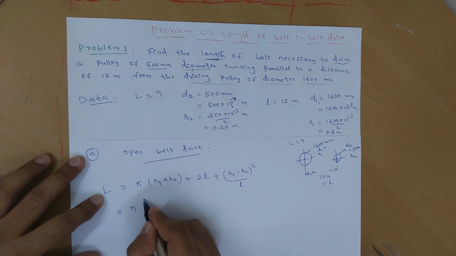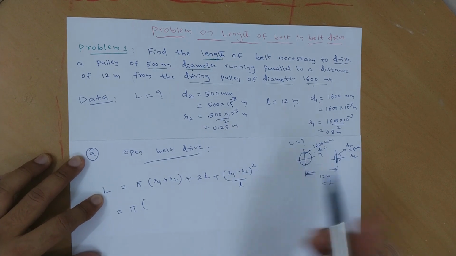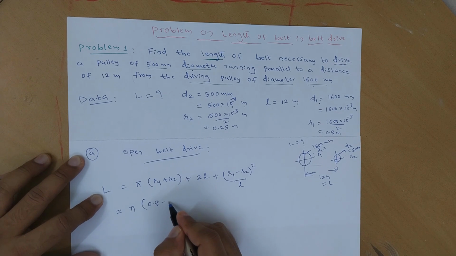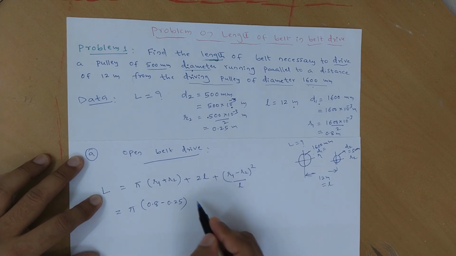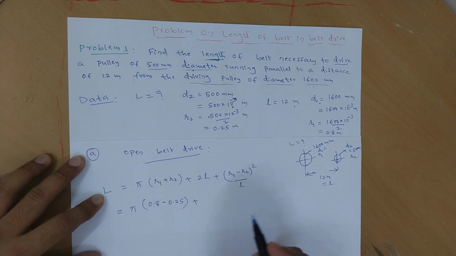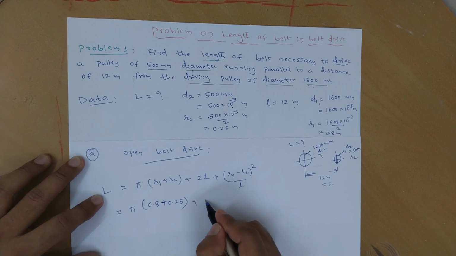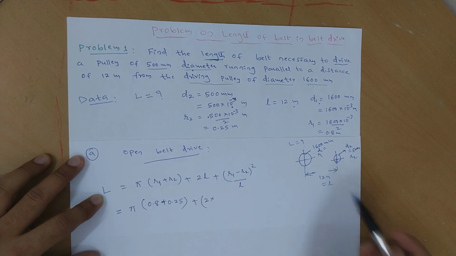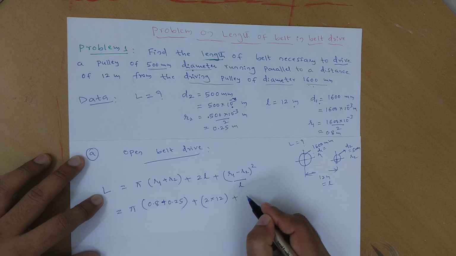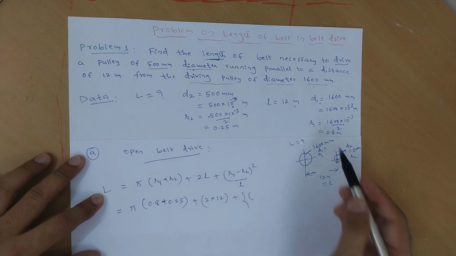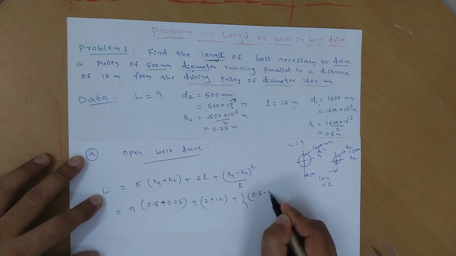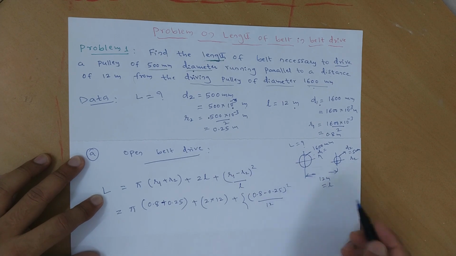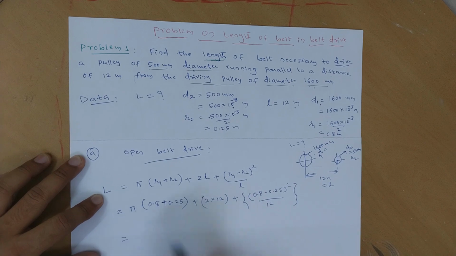This is pi into the radius of the bigger pulley, 0.8, plus the radius of the smaller pulley, 0.25, plus 2 times the distance between centers, 12 meters, plus 0.8 minus 0.25 whole square divided by the distance between pulleys, 12 meters. Why did I convert everything into meters?